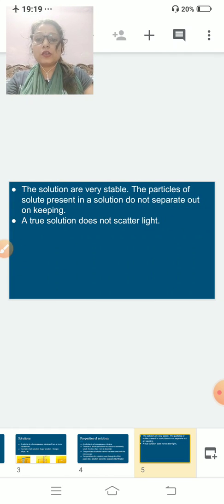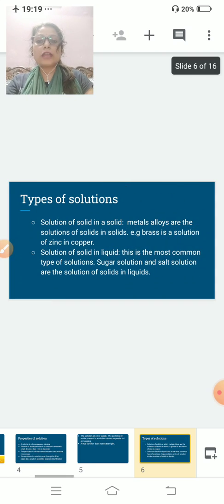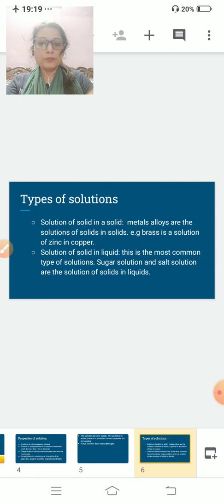The solution is very stable. That means the solute present in a solution does not separate on keeping. Clear? And a solution does not scatter light. If you pass light, it will not scatter. I will show in the last slide how it happens. Now, types of solution we have done. Solid in solid, that is metal alloys, example brass.